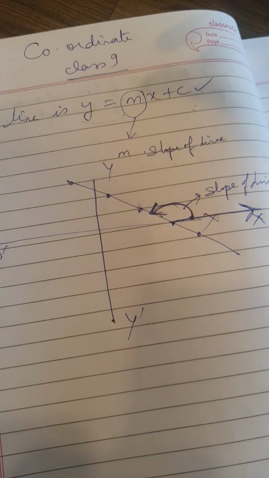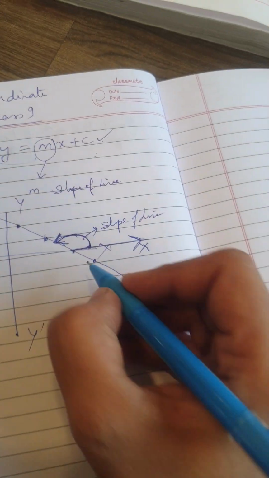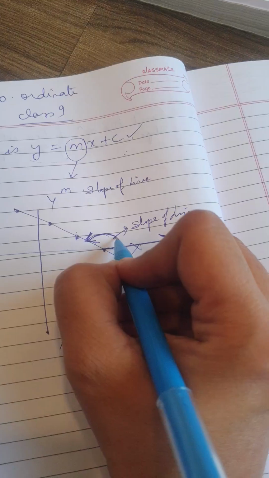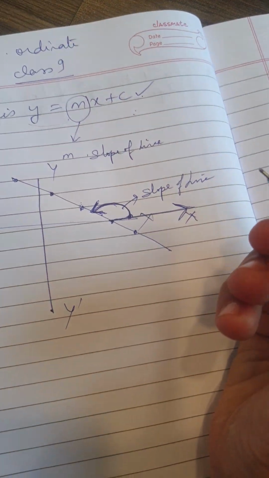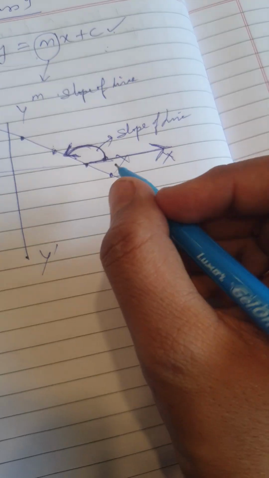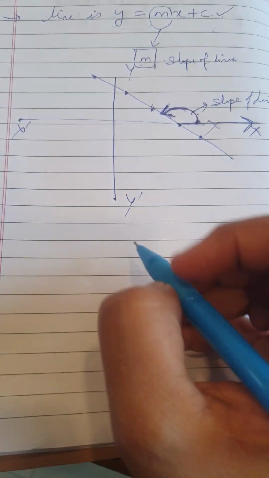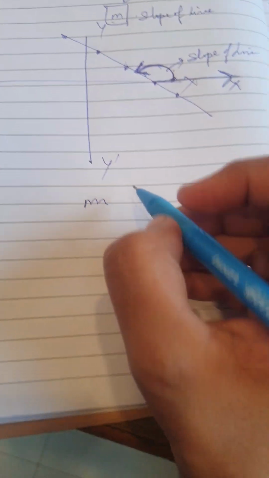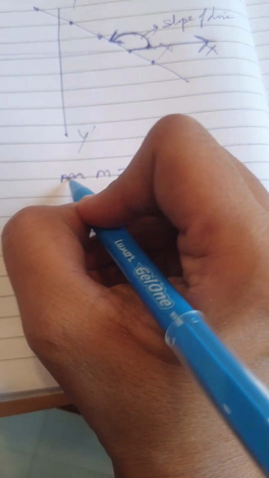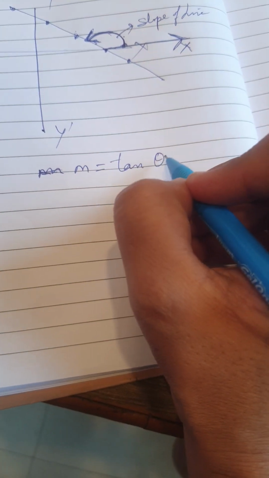Slope is from the positive side of x, anti-clockwise towards the line. So this angle gives you the value of m. How do you get the value of m here? The m is always equal to tan theta.